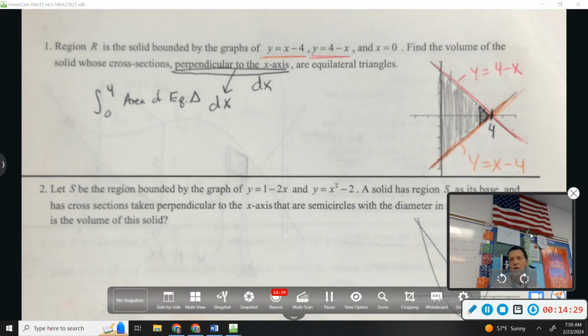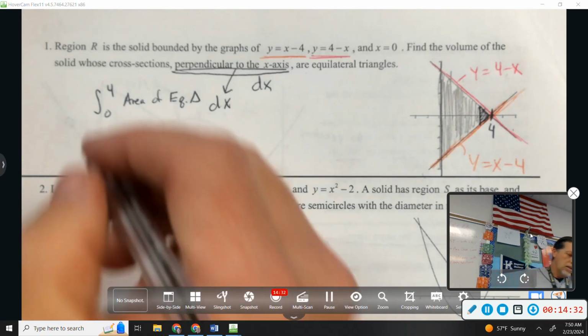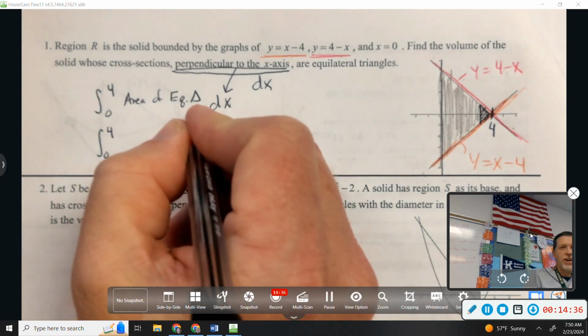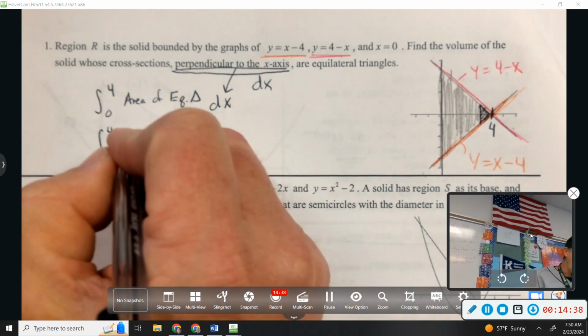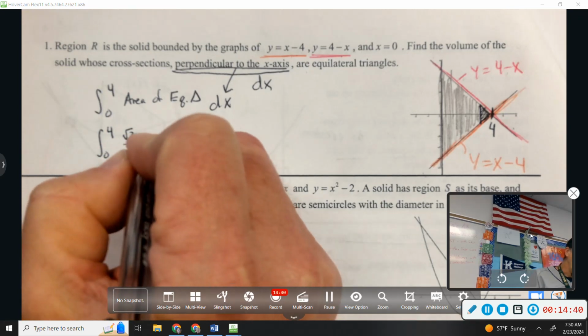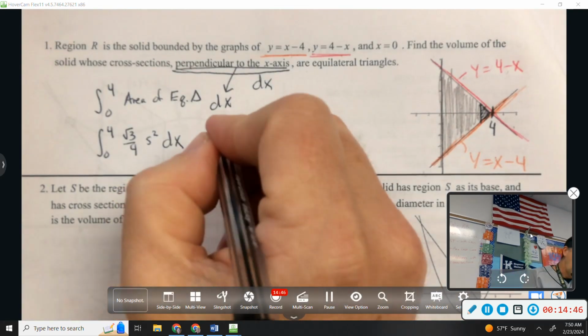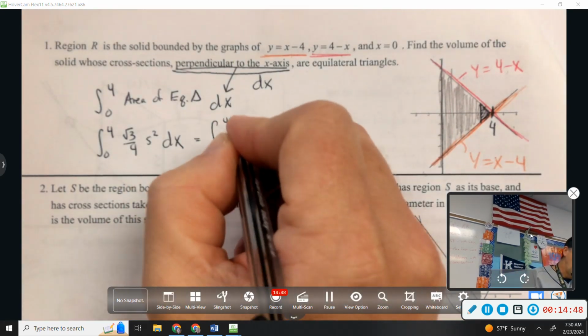So we'll add up all the volumes, 0 to 4, of the area of an equilateral triangle. That's the one I said you've got to memorize. That's root 3 over 4 times s squared. Except, what is s?